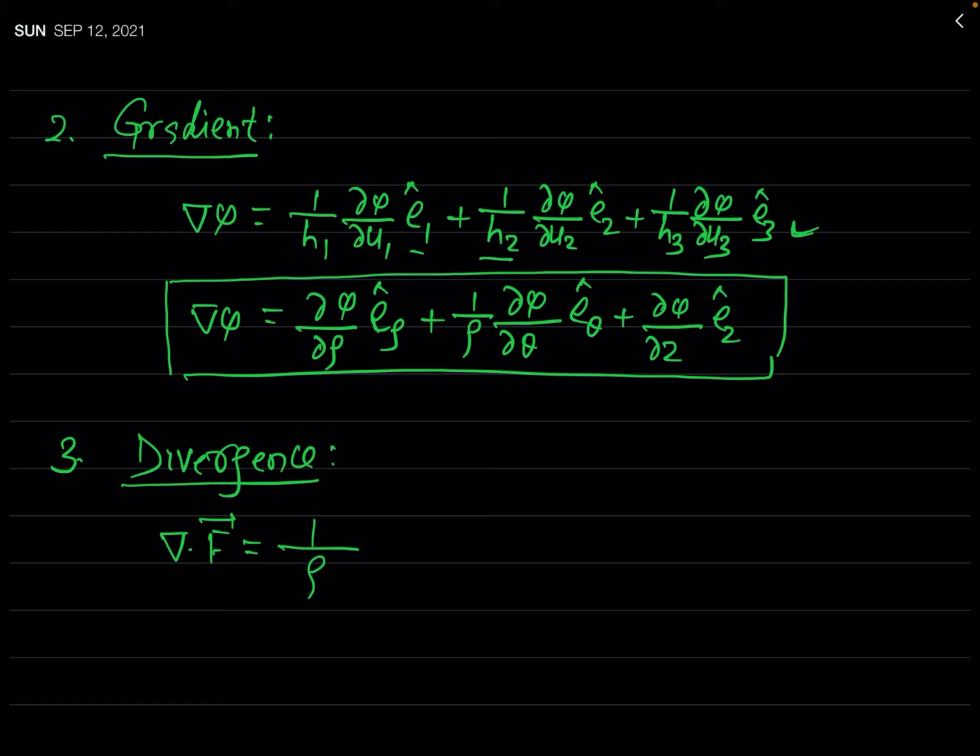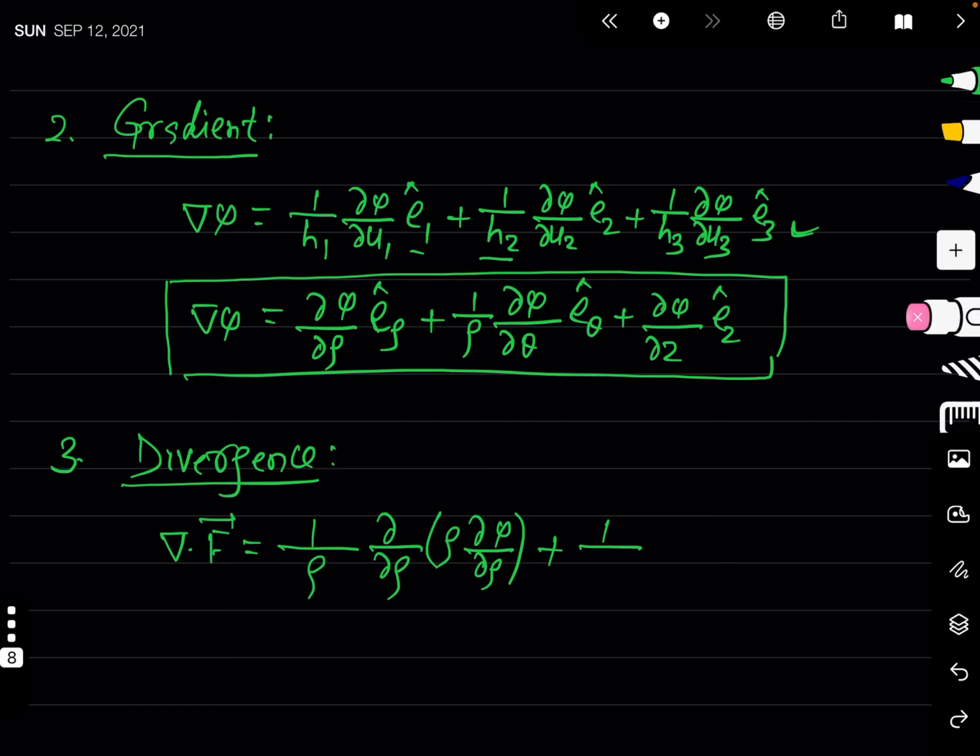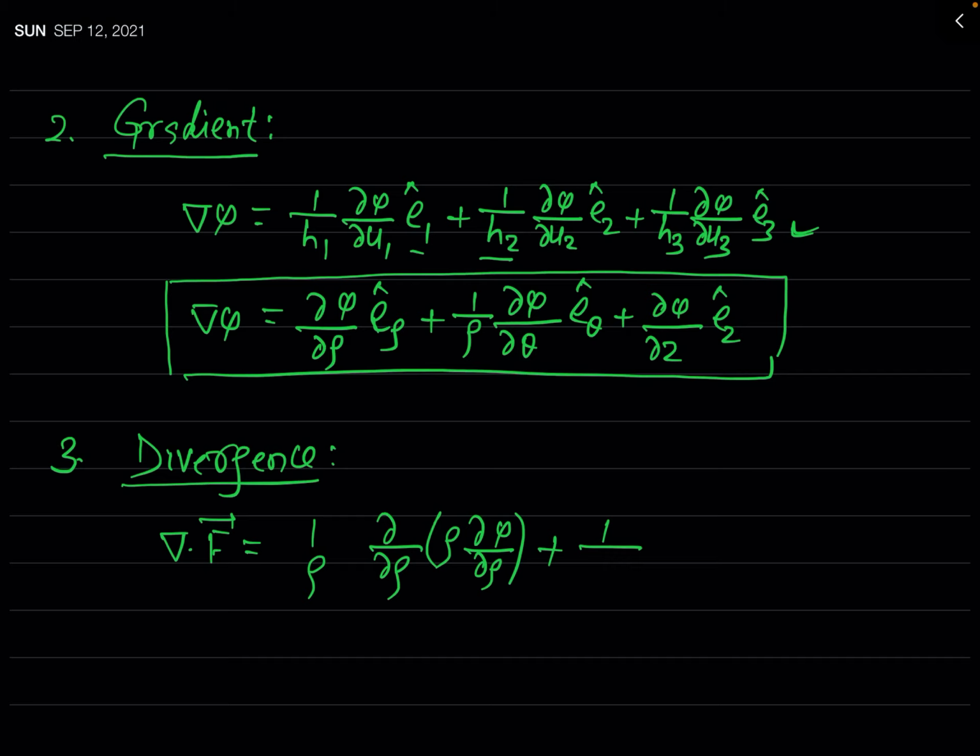So this will be 1 over rho, and this will be del rho, del phi by del rho, plus in the second term, sorry, in fact this is wrong because I tried to directly write it. So now see, you can check it.